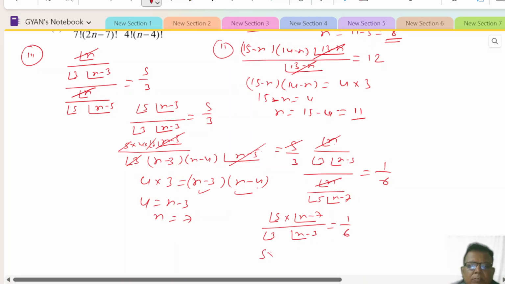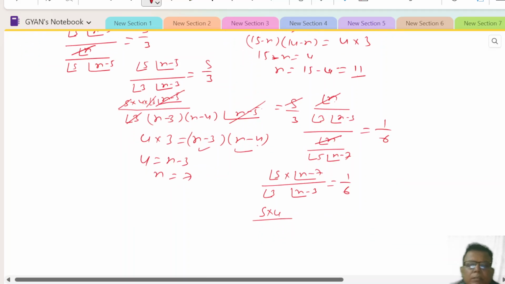So 5 into 4 divided by 3 factorial, 3 factorial. This will get cancelled.